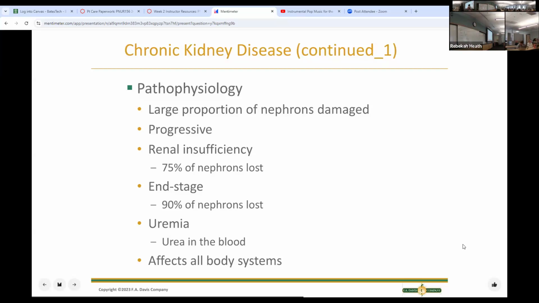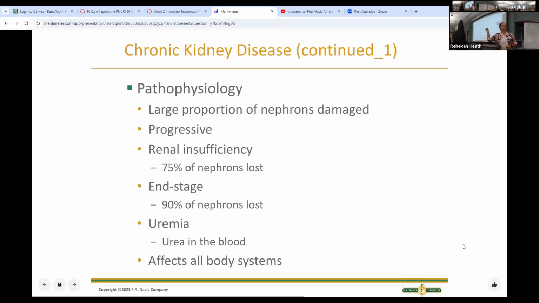With renal insufficiency, when we start seeing some of the symptoms, they've already lost 75% of the nephrons. And when we get to end stage, they've lost 90% of the nephrons. Isn't that crazy? We first see this insufficiency when 75% of the nephrons have stopped working. It's crazy to me that our bodies can function not too badly with 25% of them.